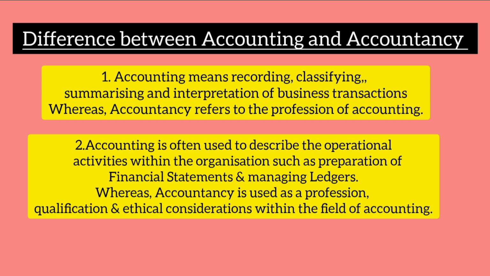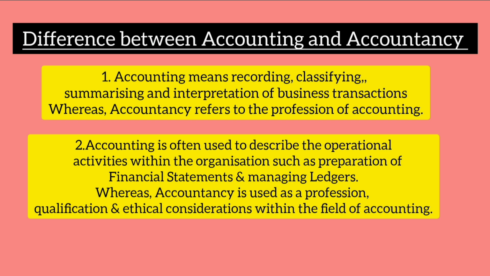The second difference between the two is the usage. Accounting often is used to describe the operational activities within the organization. What are the operational activities within the organization? It can be preparing the financial statements and maintaining the ledgers.